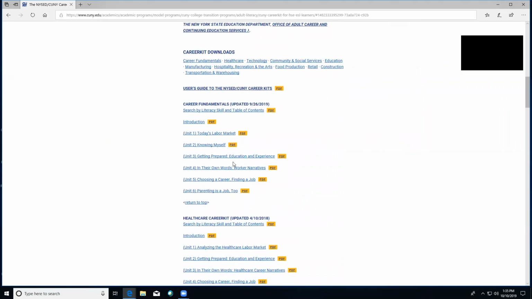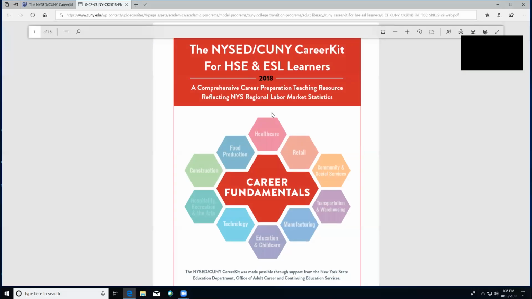All of the activities are available for download, and they are organized by unit. Each unit is its own PDF, and so you use the table of contents, then you go to the unit, and you just scroll through to find the activity that you're looking for. I'm going to walk through the table of contents and talk about what's in each unit.